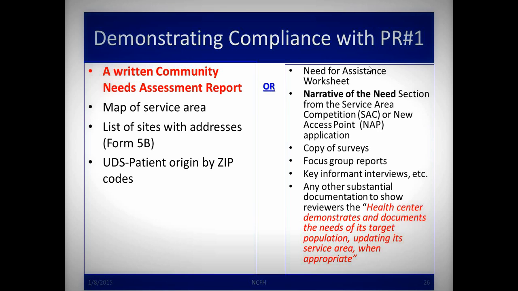So one of the things that you can do is to have ready the Need for Assistance Worksheet, the narrative section of your Service Area Competition or your New Access Point application, copies of surveys, focus group reports, key informant interviews, etc., or any other substantial documentation that can show the reviewers that your health center demonstrates and documents the needs of the target population and updates its service area when it's needed.